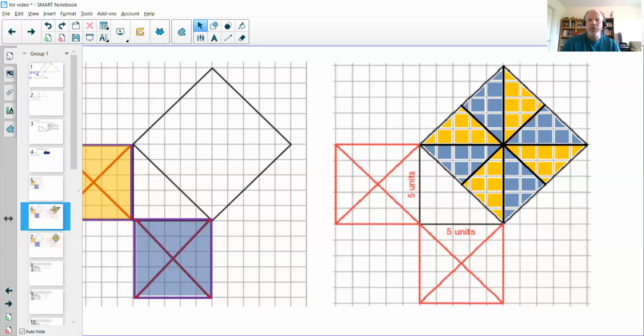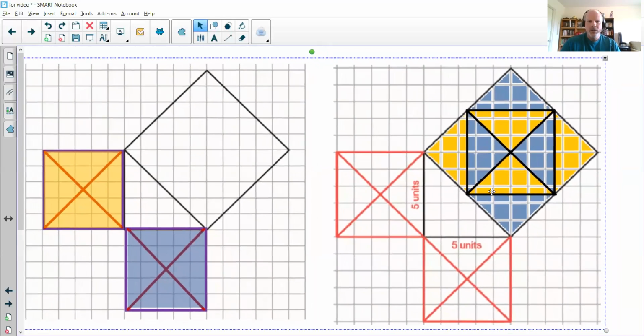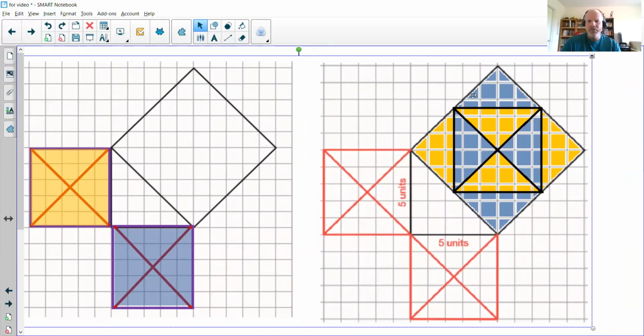Now there's another way we could do it. Notice that the design is just a little different on this one. Even though the pattern is different, all 8 triangles still fit perfectly inside the larger square. So what does this tell us? Well, it tells us that the area of the orange square added to the area of the blue square is exactly the same as the area of the large square, because the triangles fit perfectly in this square.